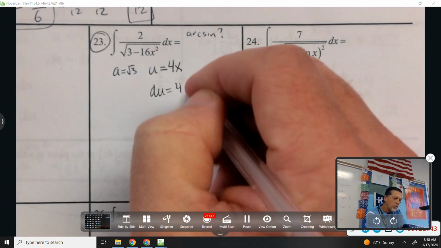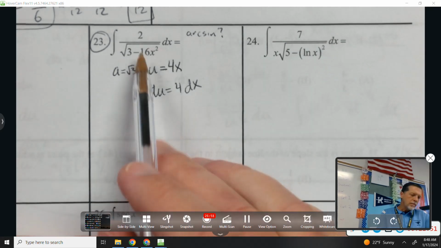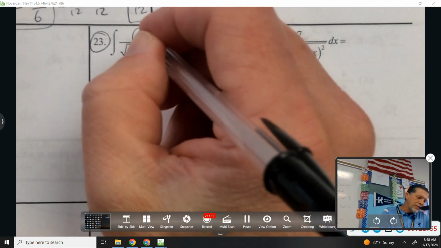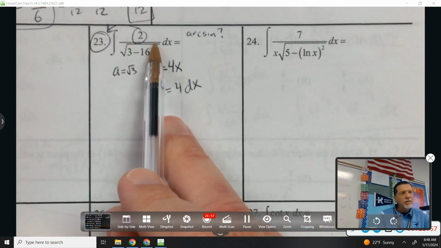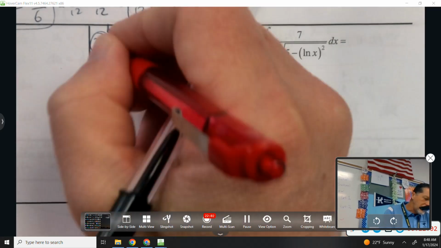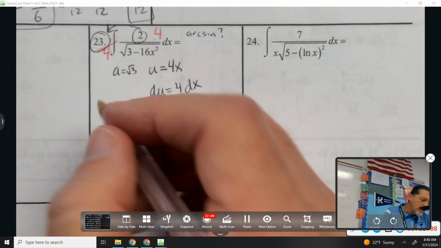And du is 4dx, so I got a 4 I need to throw in there. I usually just kick this guy out and put the 4 in on my own. Some people would just multiply by 2 to get to 4, but I'm just going to put the 4 in there. I think that's easier. And then I'll deal with the 2/4 out front.